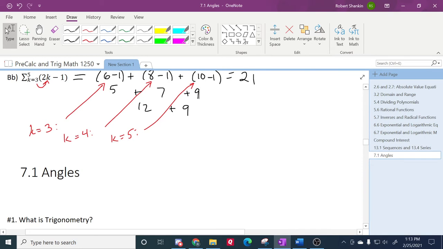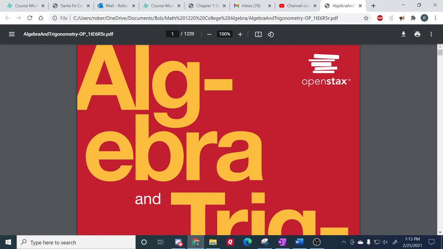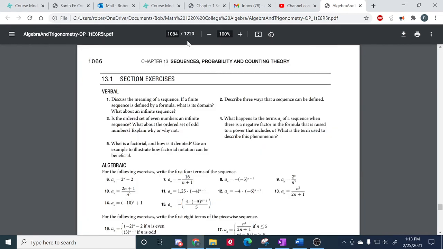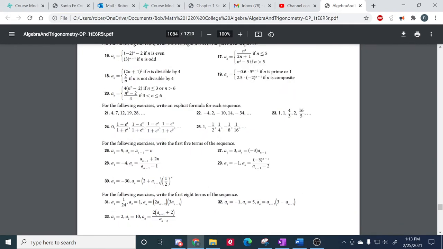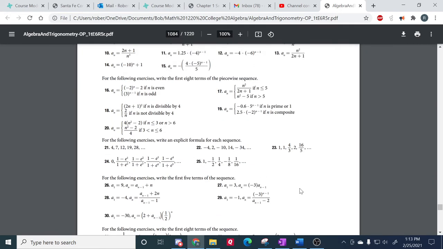All right. Anything else? Any other questions? Homework 22 on 13.1, number 22, on page 104.